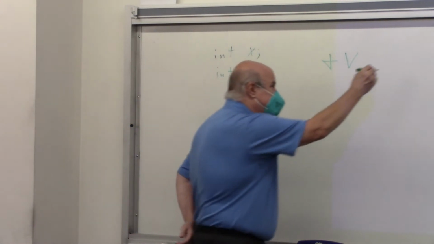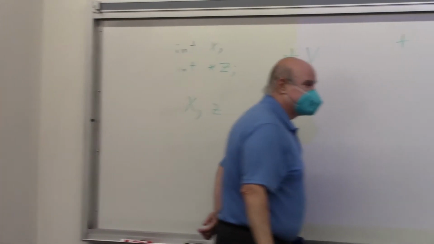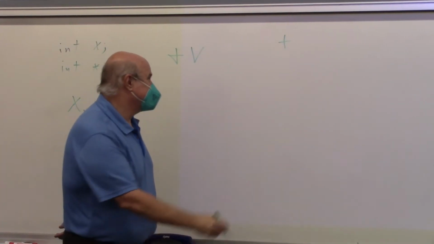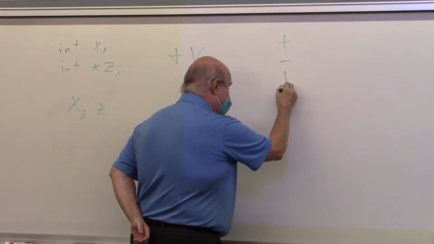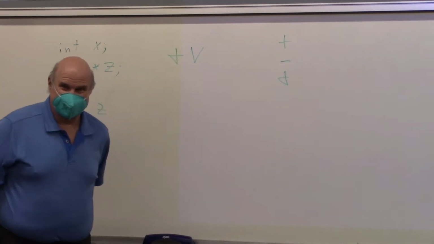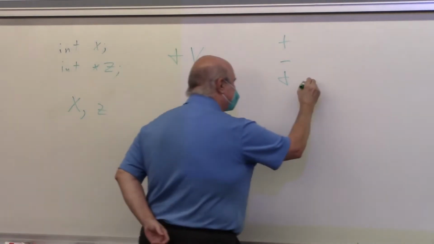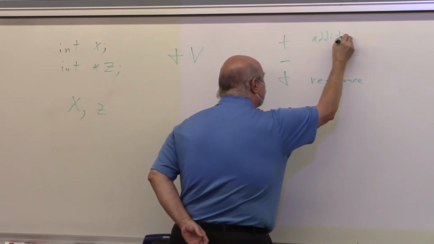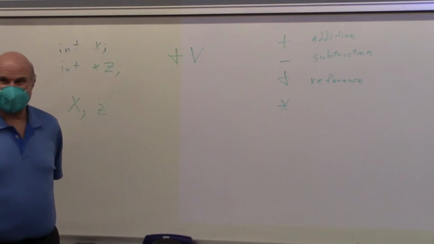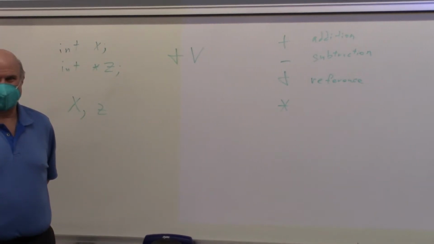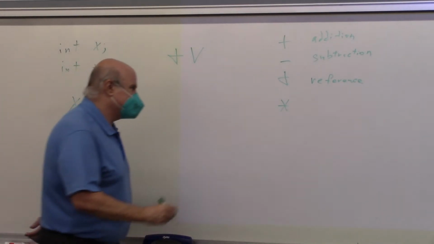So you have, what's the name of this operator? Addition. What's the name of this operator? Subtraction. What's the name of this operator? Reference. Just for completeness. While we're on it, what's the name of that operator? Fair enough.